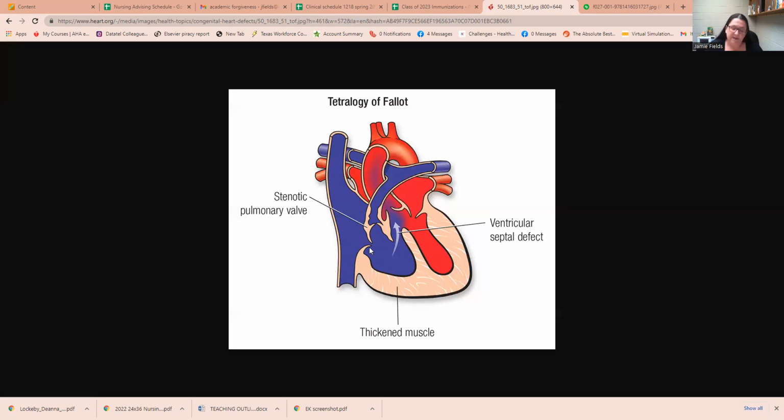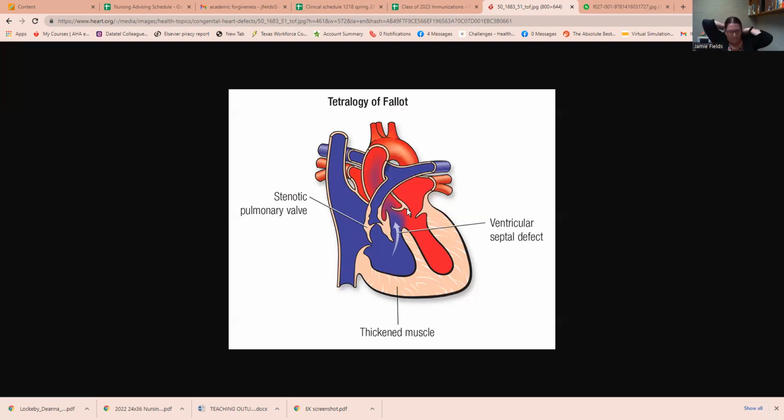The position of the aorta also determines how mixed that blood is. So if the aorta is more over the left ventricle and only a little bit over that defect, then it may get less blood. So really, there's a lot of factors that go into this. So cyanotic spells or TET spells are caused by an increased right to left shunt, okay?